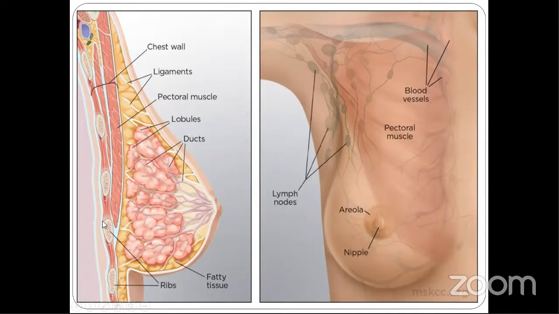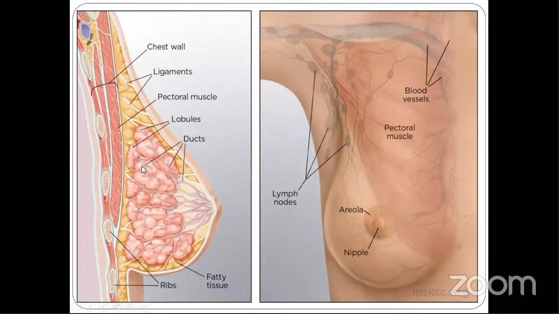So, chest wall, the ribs, pectoralis major muscle, here fat, the lobules separated by ligament, Cooper ligament or suspensory ligament for the breast, and the retromammary space. We can find retromammary space here. So we see these lobules are separated.